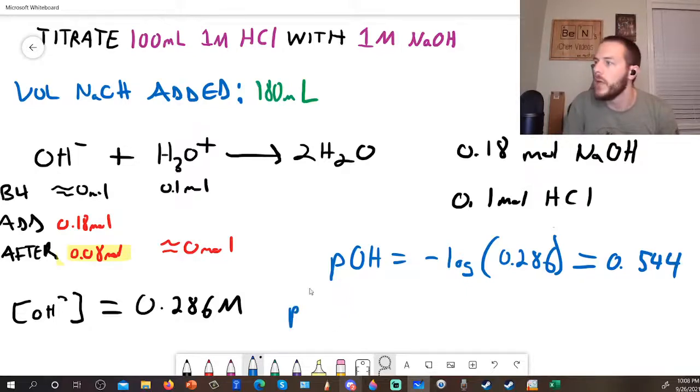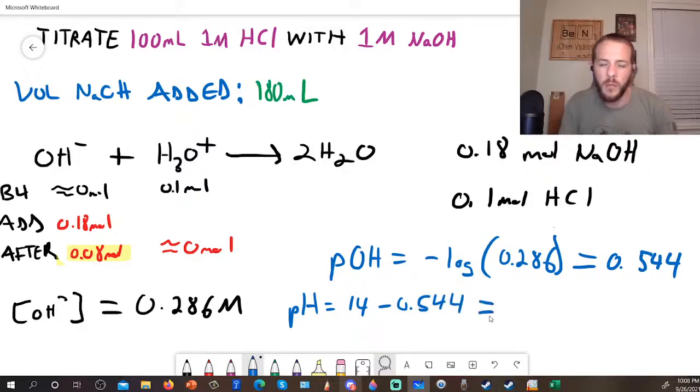And then finally, we can get pH by taking 14 and subtracting our pOH from 14. So it's 14 minus 0.544, which is equal to 13.456.